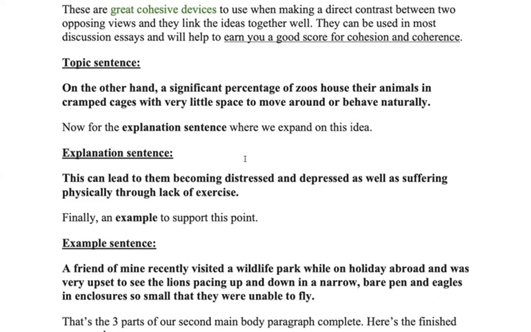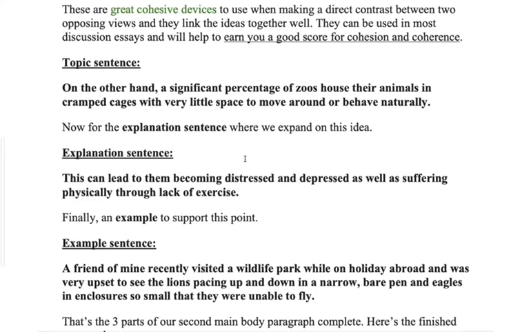Them refers back to animals. So because the cramped cages are not big enough for the animals to move around, that would lead to them suffering physically through lack of exercise, through lack of moving around in cages. So finally, an example to support this point. So start with the topic sentence, explanation, and then we need to give an example.